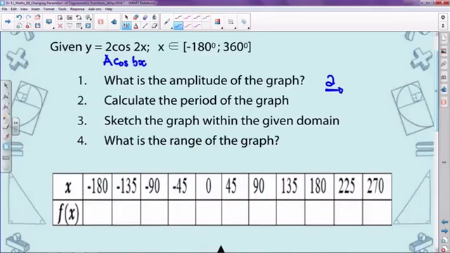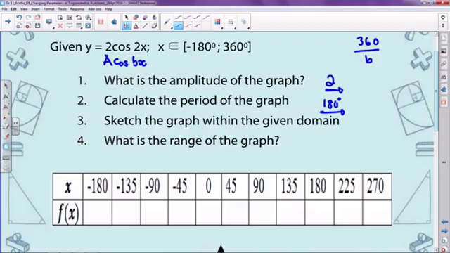So we know that it's going to be 360 divided by B. So 360 divided by 2, you get 180. So this graph is going to repeat every 180 degrees.